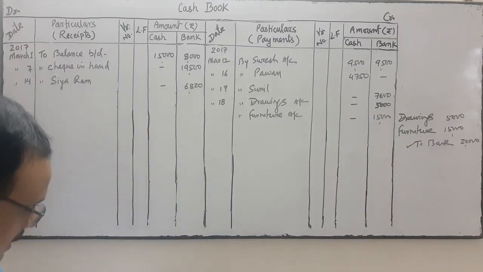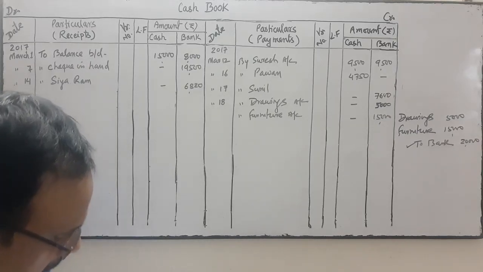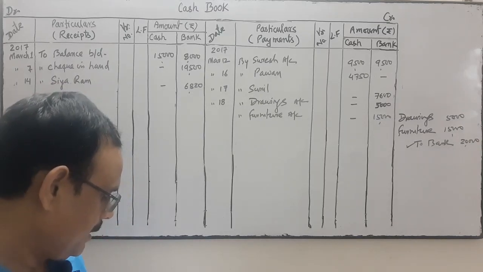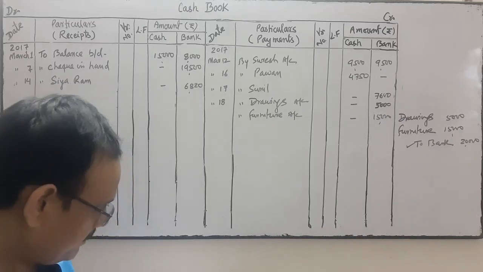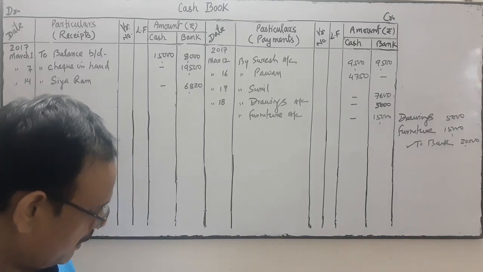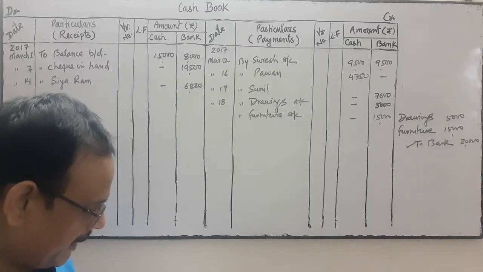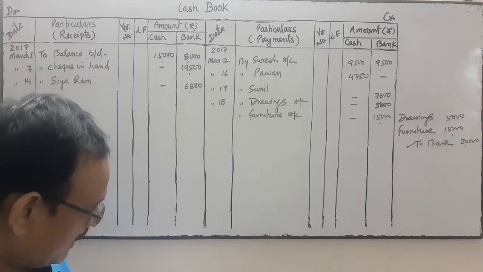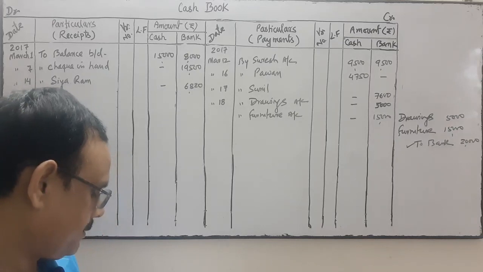Next is: received a cheque from Ravi for rupees 2,850 in settlement after deducting 5%, and endorsed the cheque to Gopal on 22nd March.